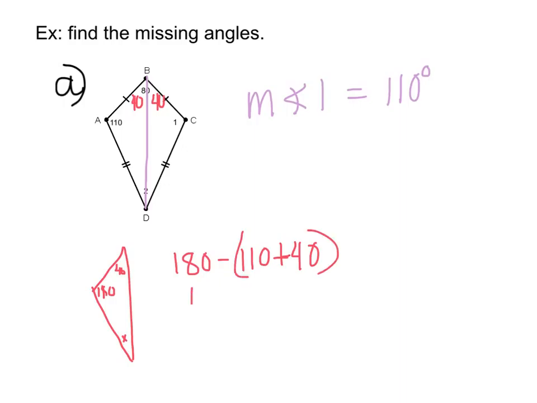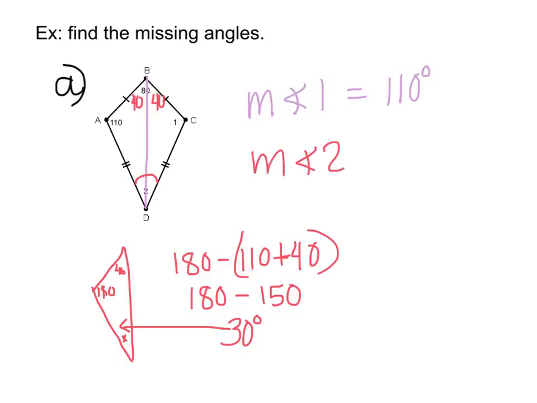When I do that, I actually get 180 minus 150, and 180 minus 150 is 30 degrees. So this little angle x here is 30 degrees. To find the other half, I have two of those 30-degree angles. So the measure of angle 2 is actually 60 degrees.